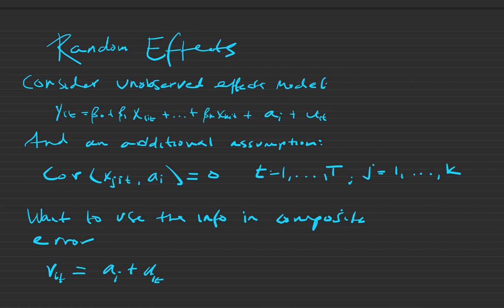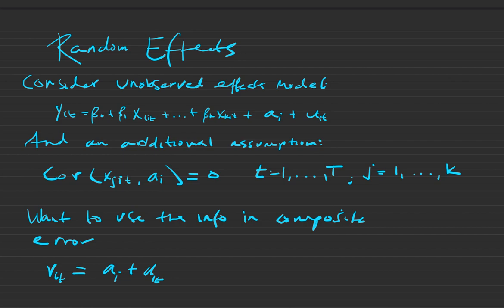In this video we're going to introduce the random effects model. Consider the unobserved effects equation where y_it is equal to beta naught plus beta 1 times x1_it through beta k times xk_it plus a_i, which is that unobserved heterogeneity constant to each cross-sectional unit in our panel data, plus u_it, which is the idiosyncratic error.